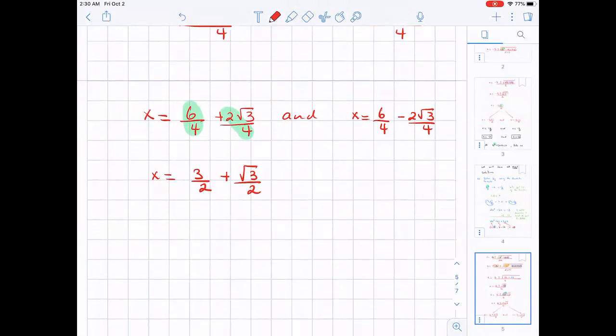And same thing here, x equals 3 over 2, but now minus, and this simplifies to 1 half, so we have root 3 over 2. So here are your solutions, okay?